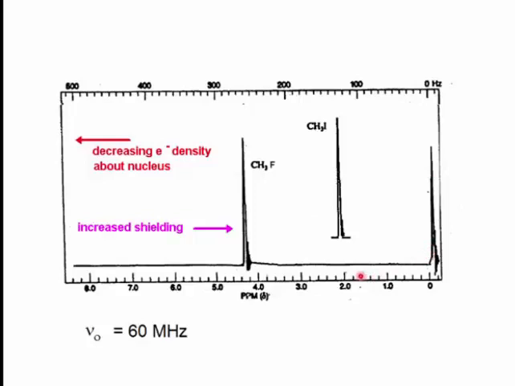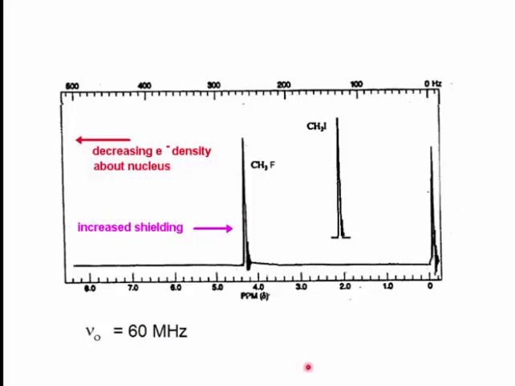The NMR signal for methyl fluoride occurs at a larger delta value than that for methyl iodide, and here's why. Fluorine is a more electronegative atom than iodine, and thus pulls more strongly on the electron cloud enveloping the protons.